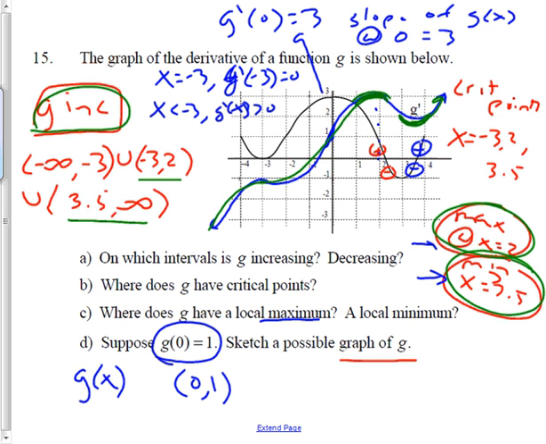And then the last big chunk to look at is right here, where our derivative was a max, we had a point of inflection. So drawing that in, it went from being concave up to concave down.